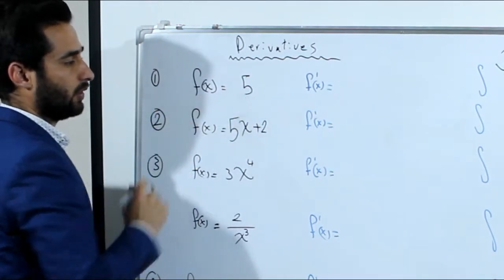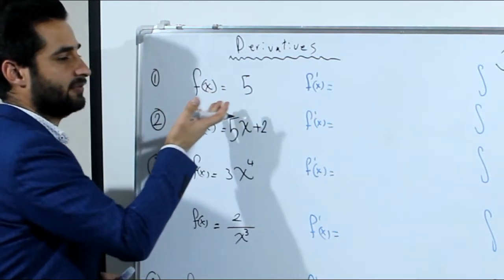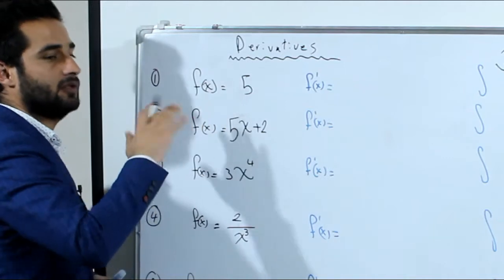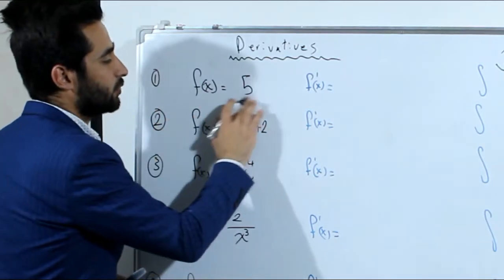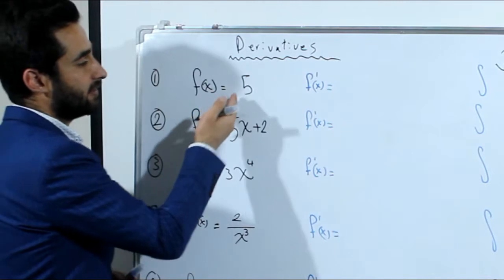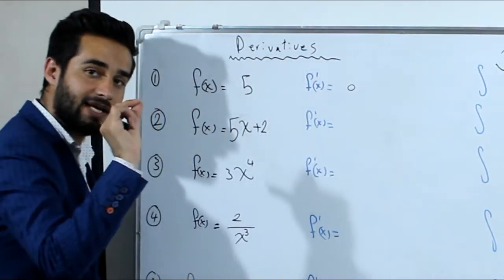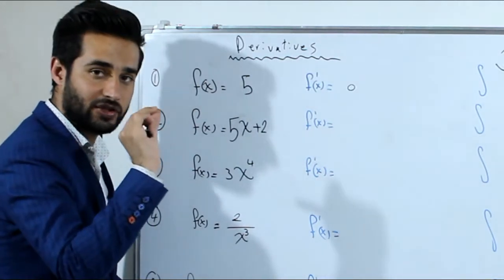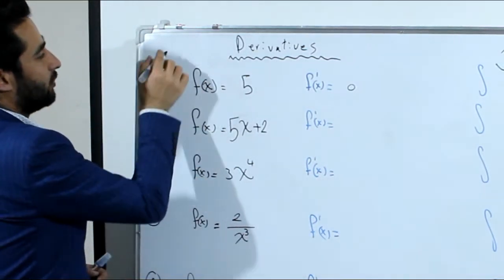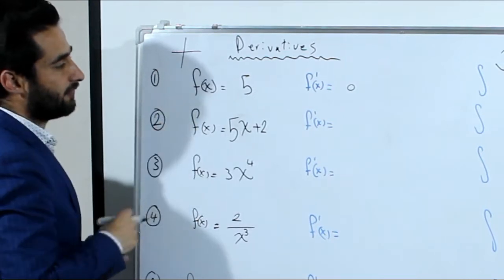f of x is equal to a constant number like 5, 15, minus 2, minus 8, any number which is constant, its derivative is equal to 0. Let me give you a note here. f of x is equal to 5. Do you know the graph of 5?